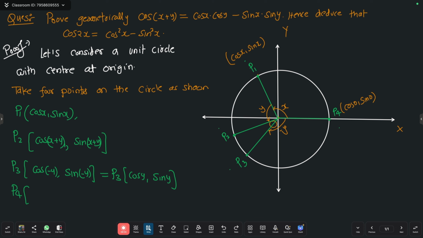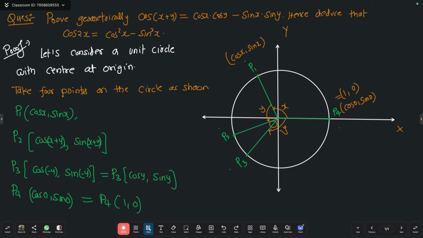But cos 0 value is 1 and sin 0 value is 0. So the coordinate of P4 will be 1 comma 0. Okay, so this construction part is over.